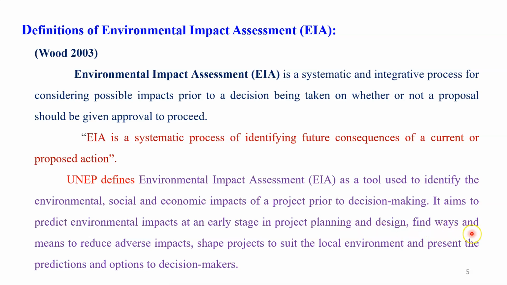Find the ways and means to reduce the adverse impact. Again, this is very important. If you find some harmful impact of that project on the environment, then we can reduce the adverse effect by altering the source, or by applying many measures to control the intensity of the problem we observe in our environment, and shape the project to suit the local environment.